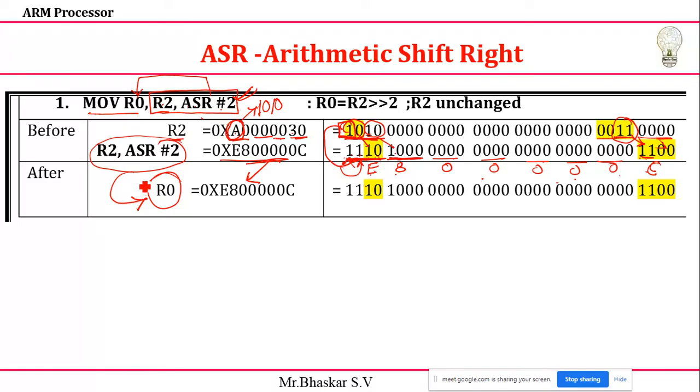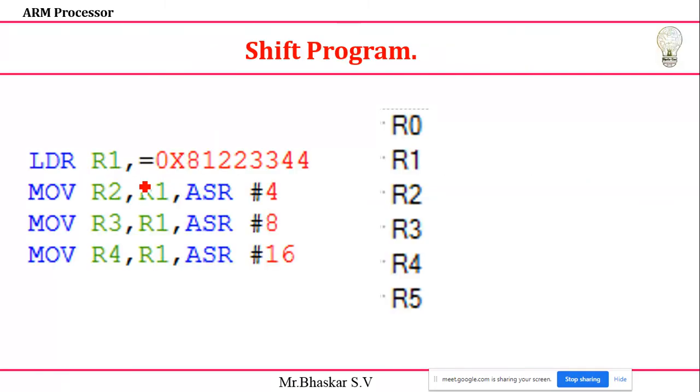Once it is clear, now you tell me in this case what are the values? R1 value I can tell directly, 0x81223344.